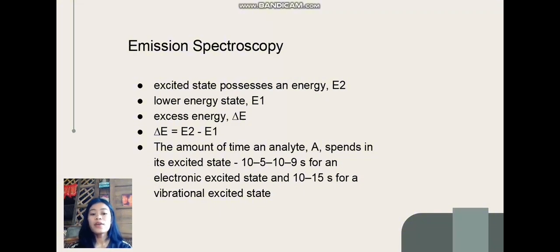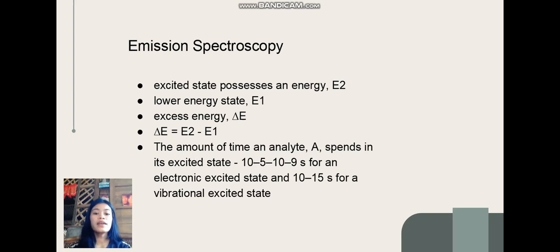So excess energy is denoted by delta E. As you can see in our presentation, there is an equation: delta E equals E2 minus E1. The difference between these two is our excess energy. If there's an excited state, there is also an excited state lifetime, which is typically short.